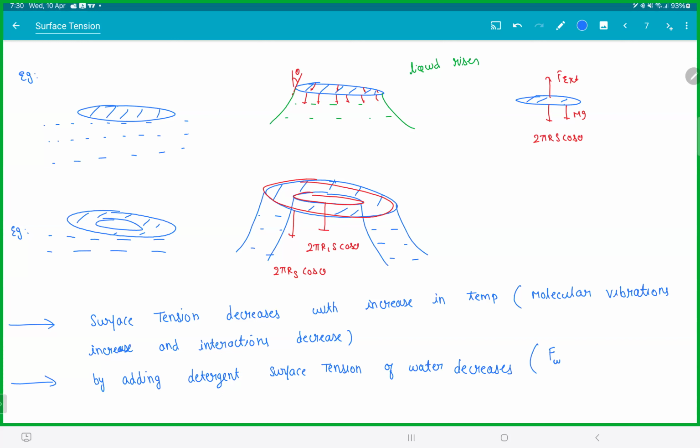So the force between water and water is greater than the force between water and that surf, the detergent. Since the molecular force decreases, the interactions are lighter. But if you add alcohol, surface tension increases, because the bond between water and alcohol is stronger than water and water. So basically, whenever you add any compound into the substance, you need to see whether the molecular strength is increasing or decreasing. So the force between water and water is less than the force between water and alcohol. Clear with this?